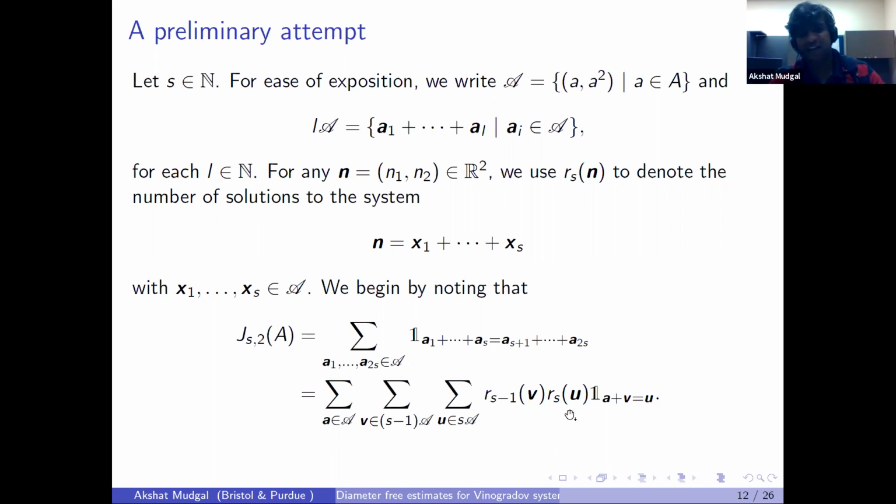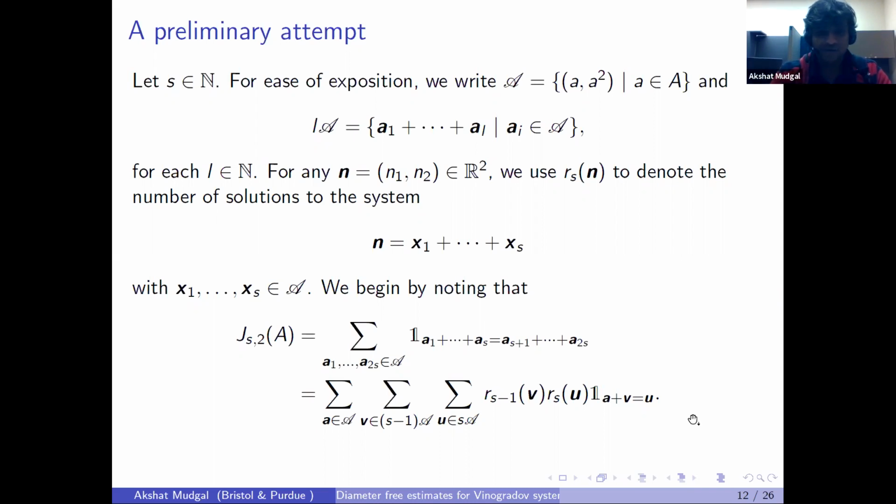So in which case I simply multiply this factor of 1 with these weights. These weights are precisely how many ways in which you can write v as an S minus 1 fold sum and u as an S-fold sum. So this is still a tautology that I can write J_S as this very nice sum.